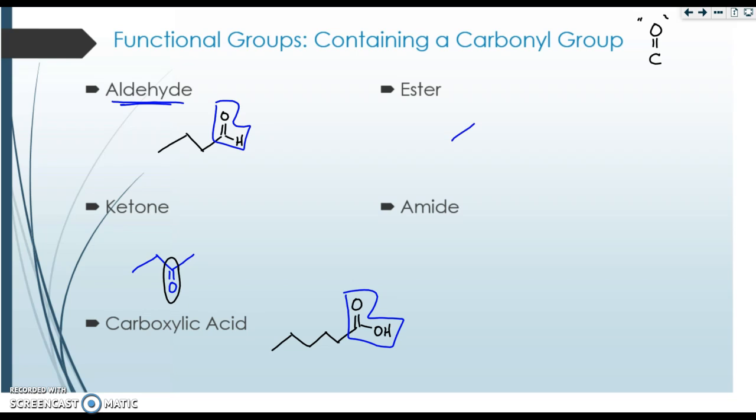An ester is going to be a double bonded O to a C connected to just another O. And an amide is an O double bond C connected to an N.